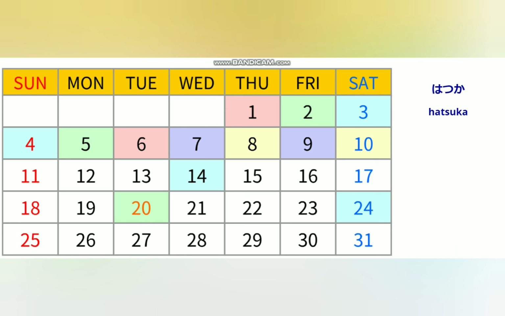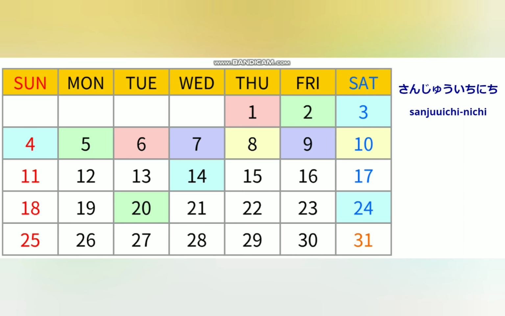Again, let's hear that again. 20日. All right. 21st, 21日. 22nd, 22日. 23rd, 23日. 24th, 24日. Again, 24日. 25th, 25日. 26th, 26日. 27th, 27日. 28th, 28日. 29, 29日. 30日, and then the 31st, 31日. Did you get them all right?